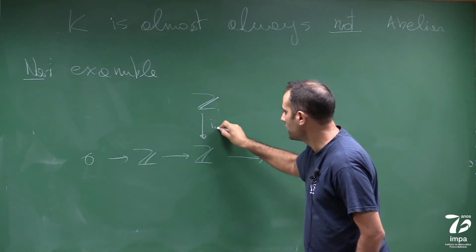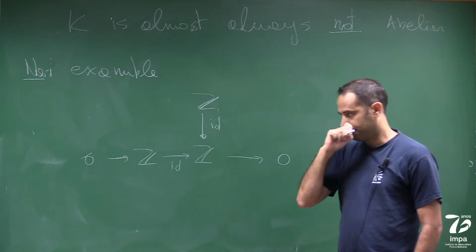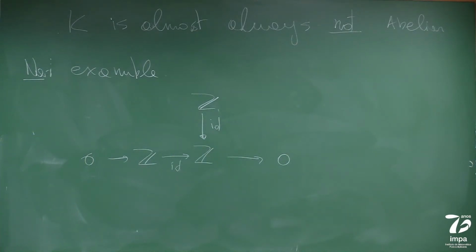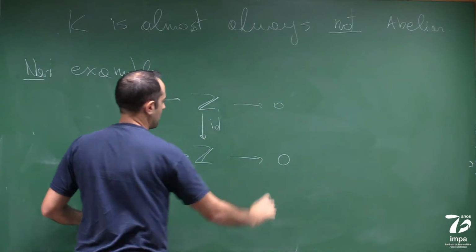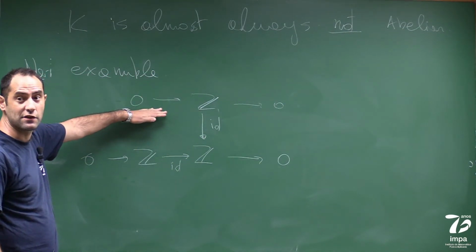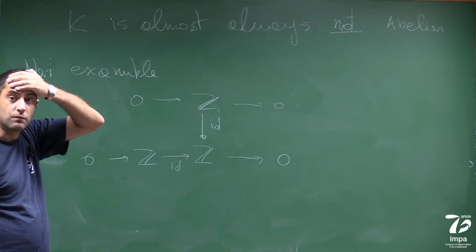Just take the identity here, and take the identity here. Take any map there, it doesn't matter. So I claim that this is a map of complexes. This complex is a different complex. Neither of these complexes is 0.